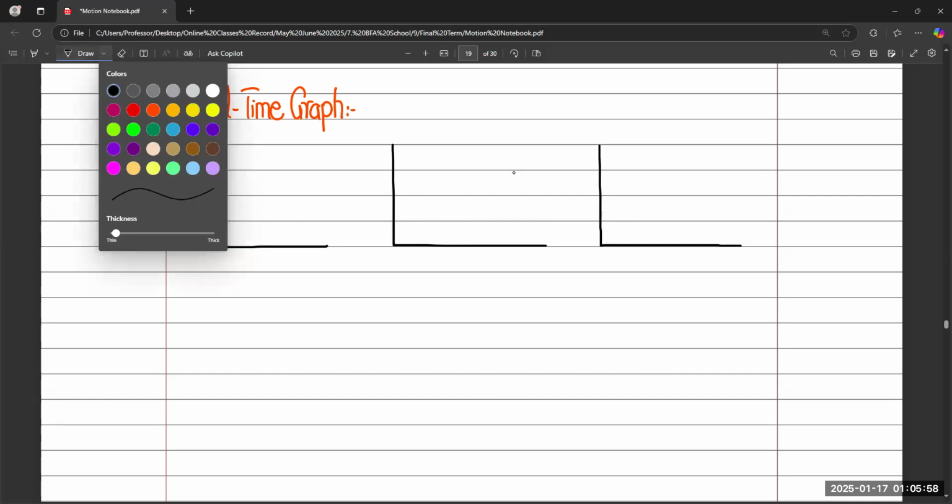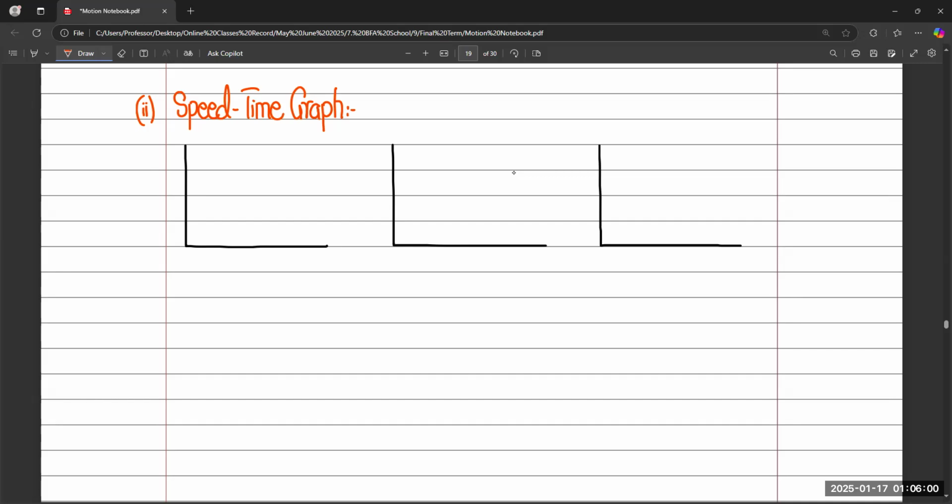On the first representation, we have speed in meters per second. Then we have time in seconds. Okay, so these are the representations.